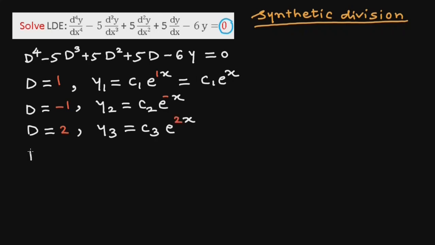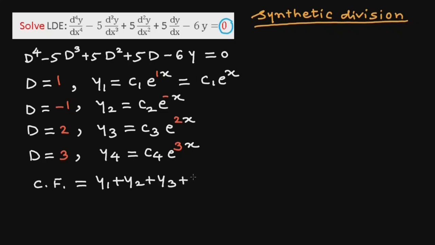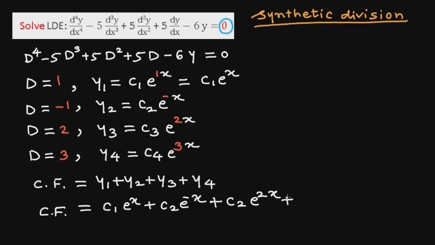And for d equals 3, y4 is c4 e raised to 3x. So the total solution or complementary function CF will be y1 plus y2 plus y3 plus y4, which is c1 e raised to x plus c2 e raised to minus x plus c3 e raised to 2x plus c4 e raised to 3x.